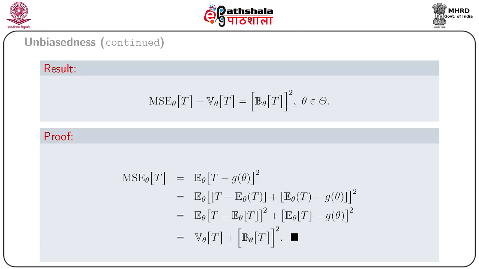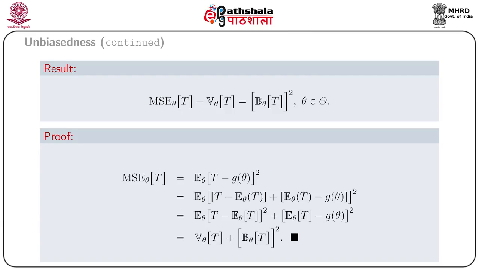We can write this as expectation under theta of (T minus expectation of T plus expectation of T minus g(theta)) whole square. Expanding the square term, we get expectation under theta of (T minus expectation of T) whole square plus (expectation of T minus g(theta)) whole square plus 2 into (expectation of T minus g(theta)) into expectation of (T minus expectation of T).